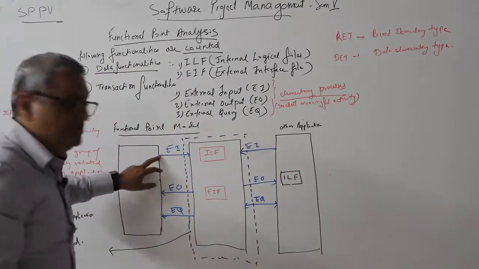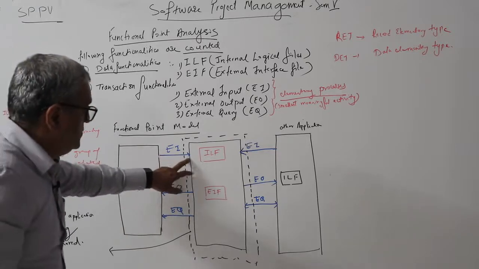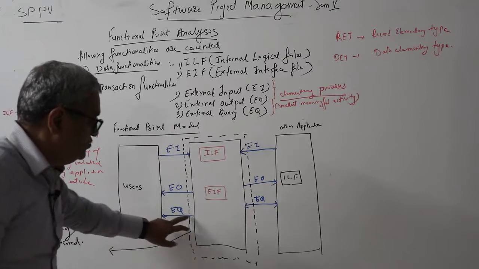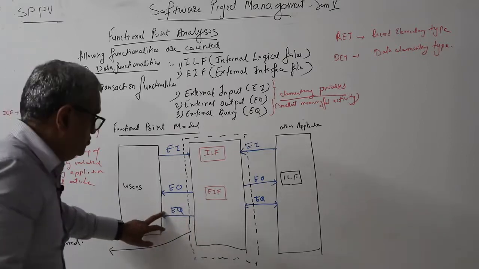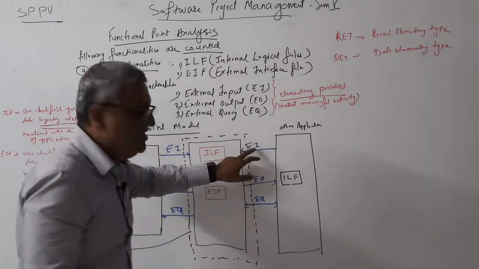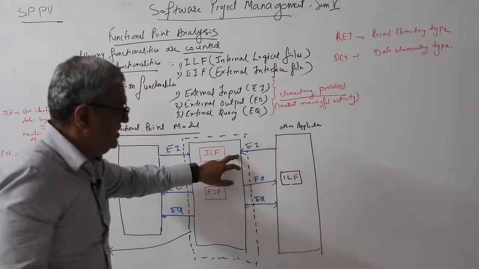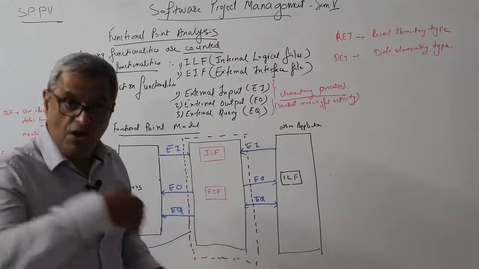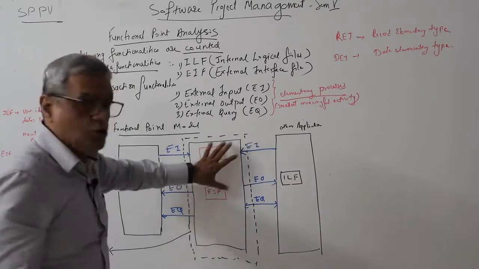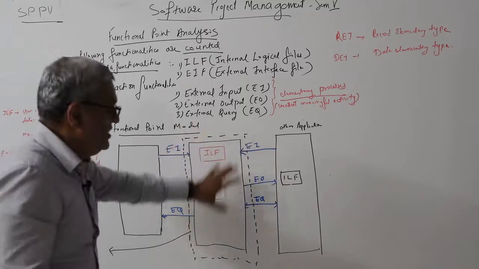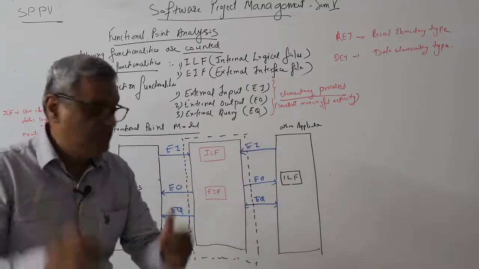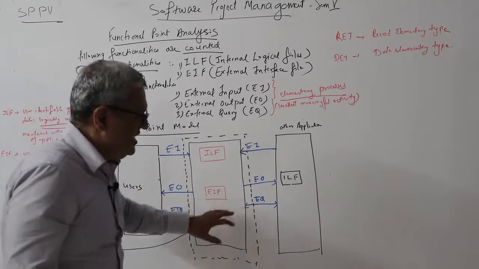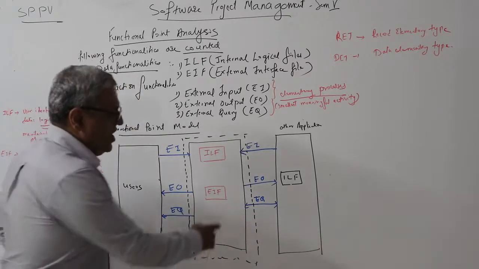That's how you see external input comes from outside, from the user, external output goes to the user, external query goes to the user, and similarly you will find external input coming from the application, external output going to the application which is outside the scope. External output is generally created by the application which is in scope, and external query is nothing but data extraction from this application.